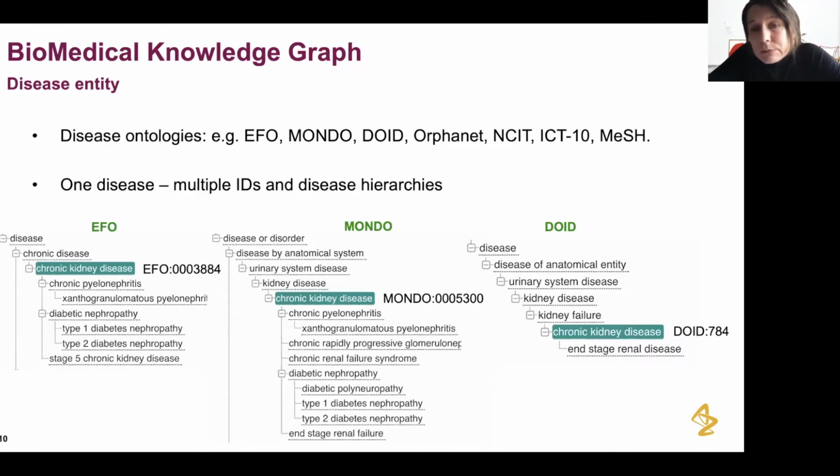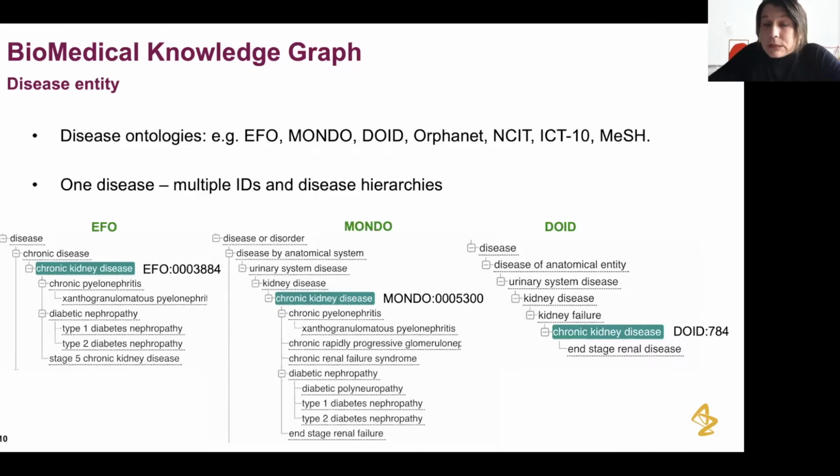What I've extracted into the text here, EFO, Mondo, DOID, Orphanet, it's a tiny subset, believe me. So one disease, that's the same disease, but it has multiple IDs, ontological IDs, and on top of that, there are multiple disease hierarchies.